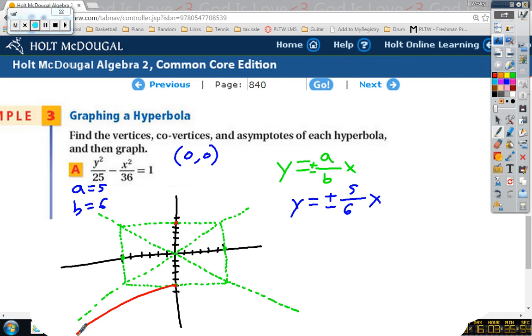It's going to get closer and closer and closer to that line, but never actually touch it. So there's my hyperbola. I got the asymptotes, which are my dotted lines, my A and B, which led me to graph the actual hyperbola.